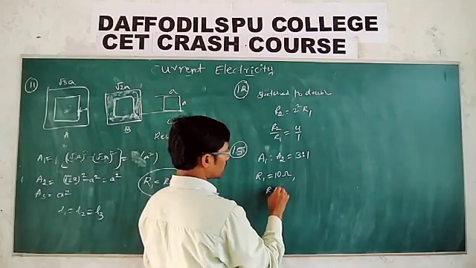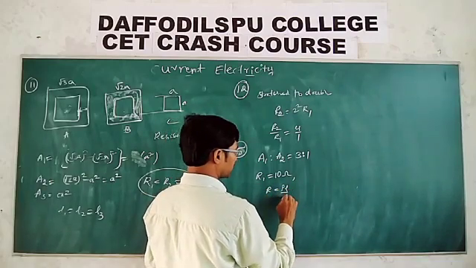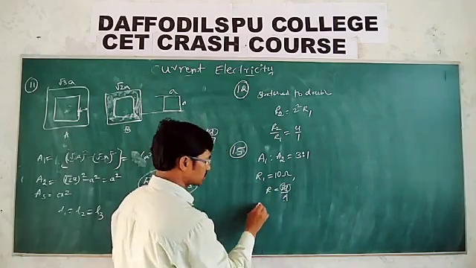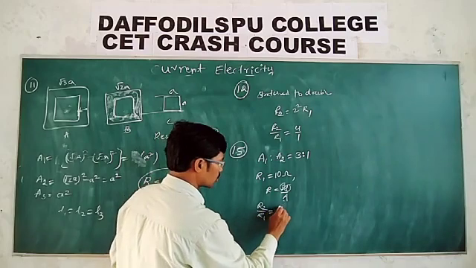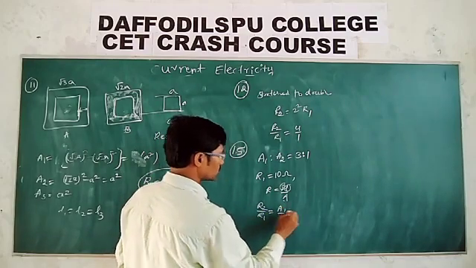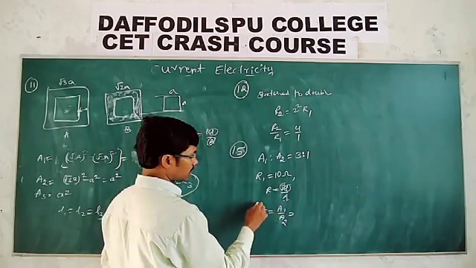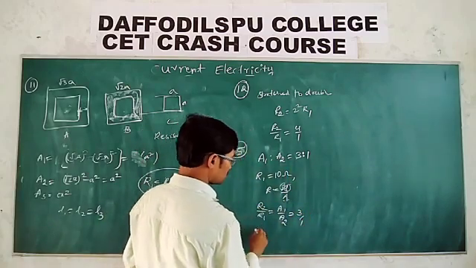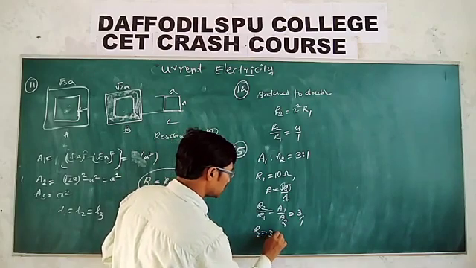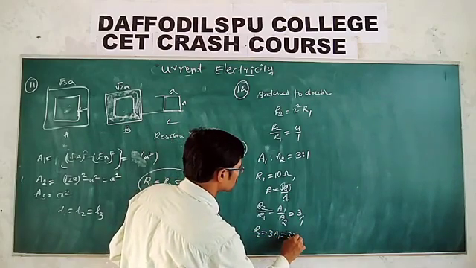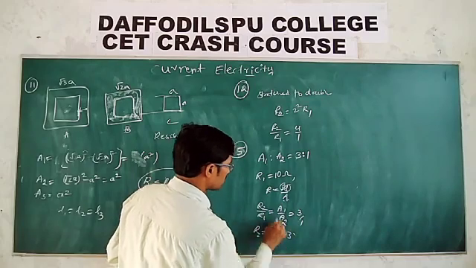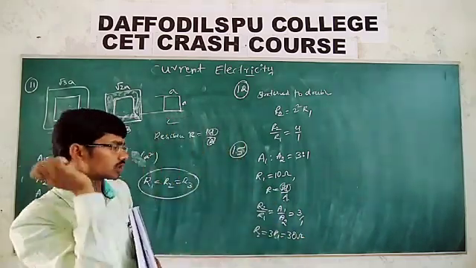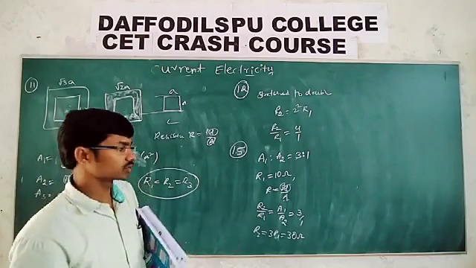We know R is equal to rho L by A. Length is the same, resistivity is the same, so resistance is inversely proportional to area. Then R2 by R1 is equal to A1 by A2, which is 3 by 1. Then R2 is equal to 3 into R1, which is 3 into 10, so R2 is equal to 30 ohm.